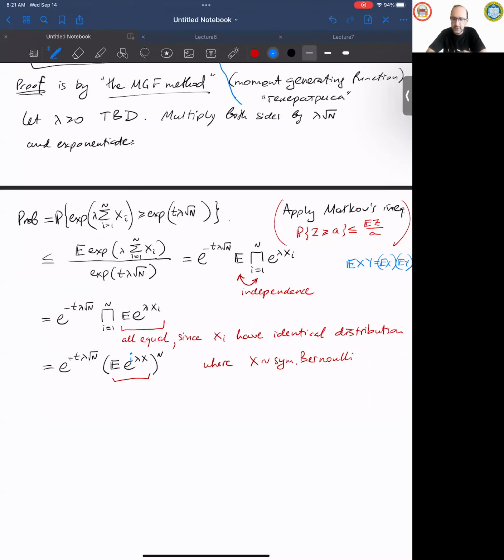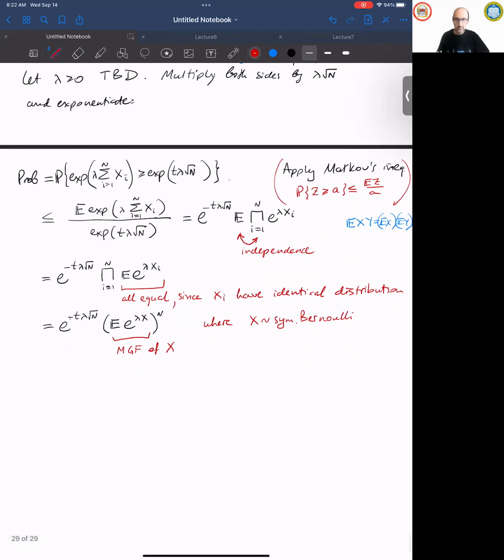Characteristic function is best known without the i, and I don't have the i here. This is called the moment generating function. It's a cousin of the characteristic function, so you're not far off. True, this is the MGF of X. Good.